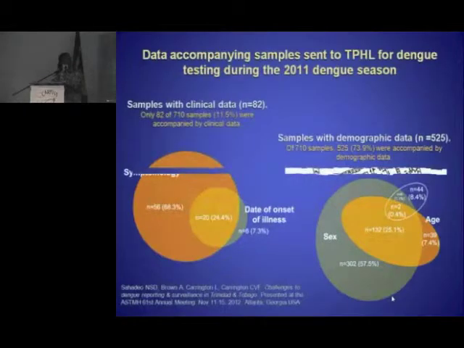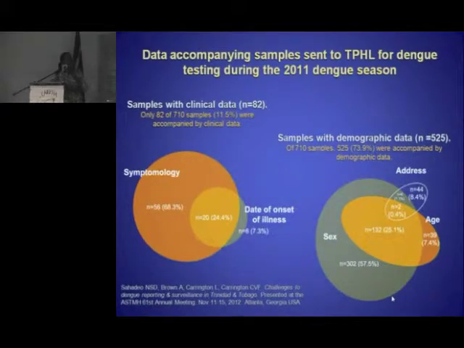For example, we looked at some samples from the Trinidad Public Health Laboratories during 2011. It was a 2-month period. And out of 710 samples that we selected from this 2-month period, 11.5% had clinical data. And of those 82 that had clinical data, only 20 of them had both the date of onset of illness and information on symptomology.